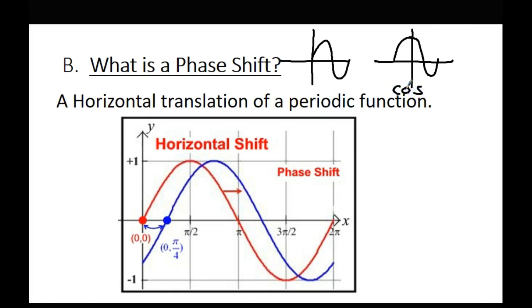I'm looking at a different place. And if I shift it forward 90 spaces, it'll look exactly like a sine function. So actually, cosine of theta minus 90 is always equal to sine of theta. Okay, it's the same function exactly. That's what we call a trig identity, two equations that look different, but they're actually the same, and we're going to learn a lot about those in Chapter 8.